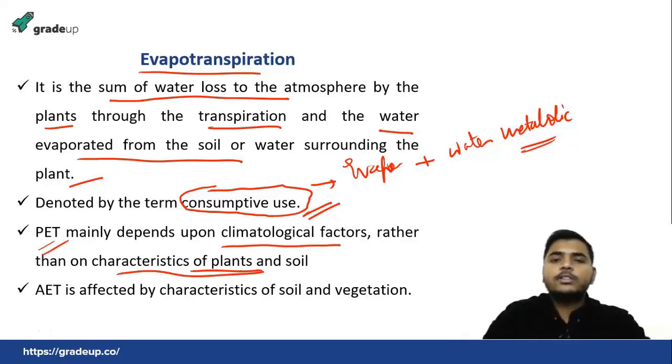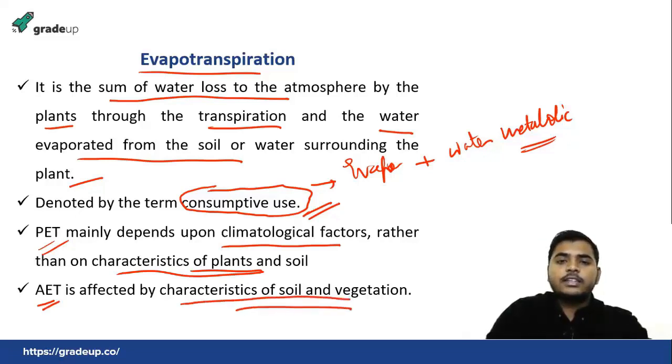So it doesn't depend on the characteristics or morphology of plants and soil, rather it depends on climatological factors like the climate or weather conditions. And AET, that is actual evapotranspiration, naturally will be affected by characteristics of soil and vegetation. It depends on the soil properties.